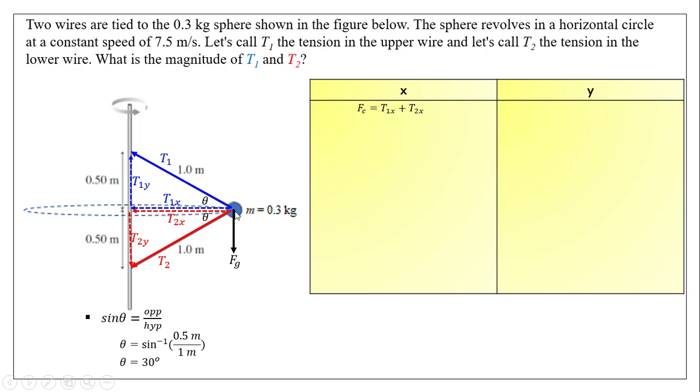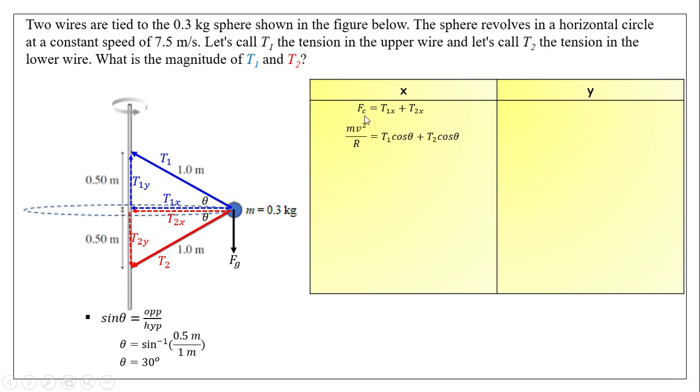If you look at the free body diagram here, you have T1x pointing towards the center of this horizontal plane, and then you have T2x also pointing in the same direction towards the center of the horizontal plane. So as this thing is being spun in a horizontal plane, T1x and T2x point towards the center of the circle, which is your net force in the x direction, and that is your centripetal force. So your centripetal force is simply composed of two things, T1x plus T2x.